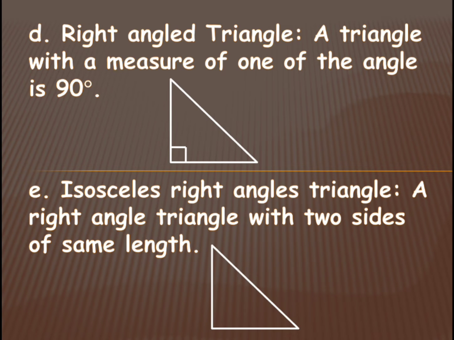So these two sides will be equal and the side opposite to the right angle is called the hypotenuse. These are the different types of triangles we learn in triangle properties.